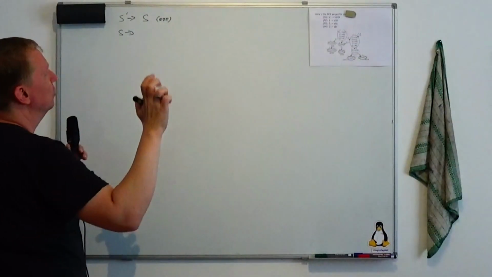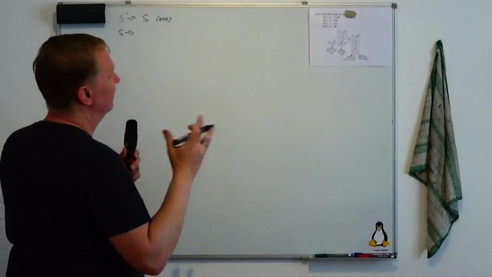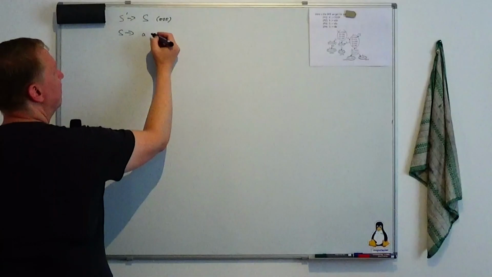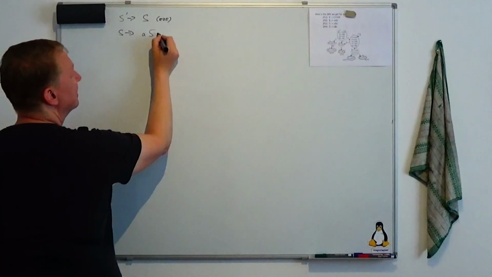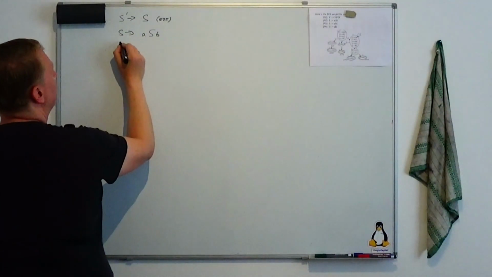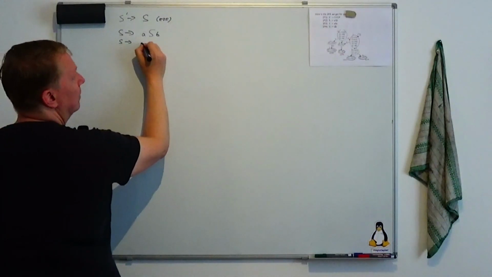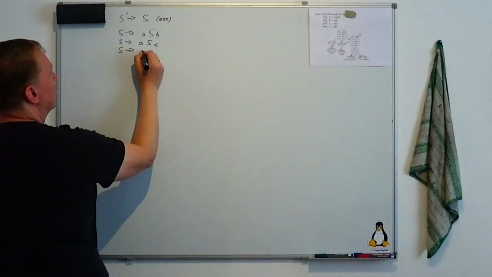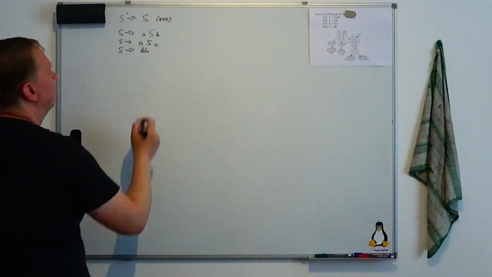This is something like an additional rule to circumvent some other problems. So the actual grammar is S goes to A S B, S goes to A S C, or S goes to D B.